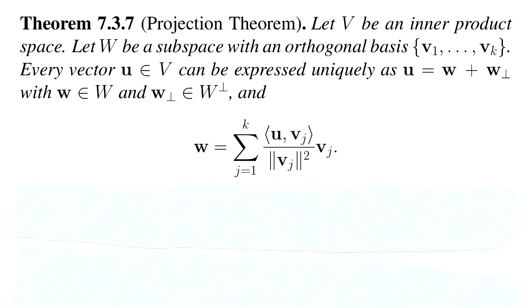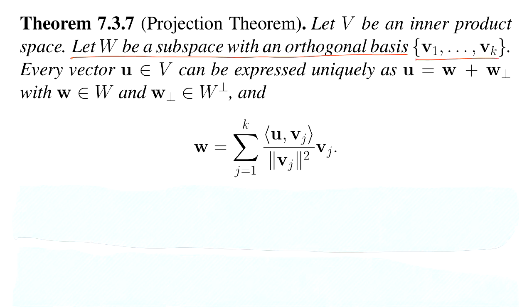But what I want to state first is just as important, and it's called the projection theorem. And the projection theorem says that if you've got any inner product space you like, so let V be an inner product space, and you take a subspace of it, W, and let's assume that the subspace W has an orthonormal basis, or actually just an orthogonal basis.